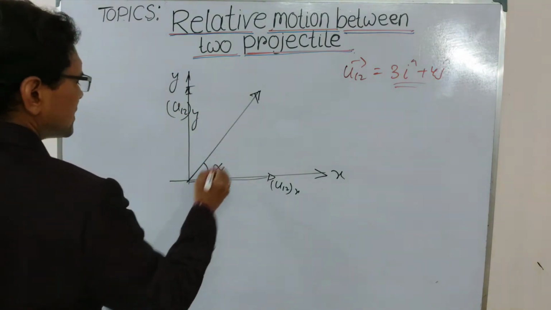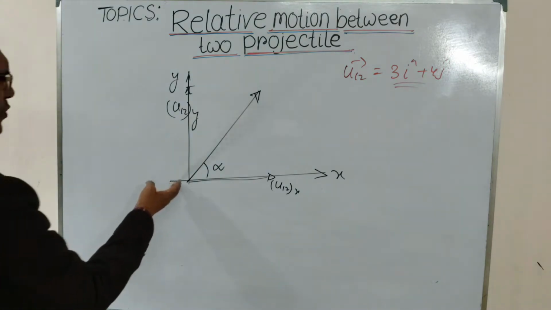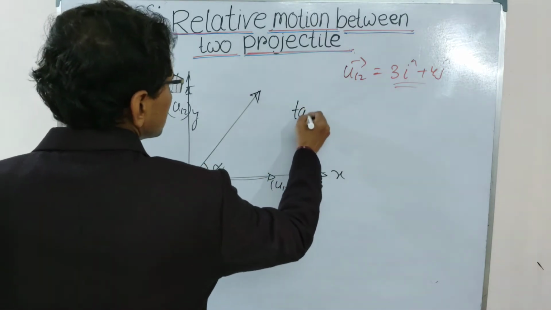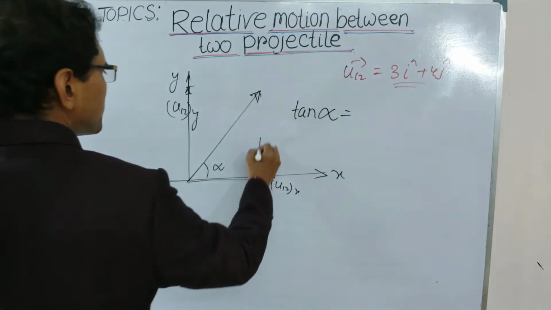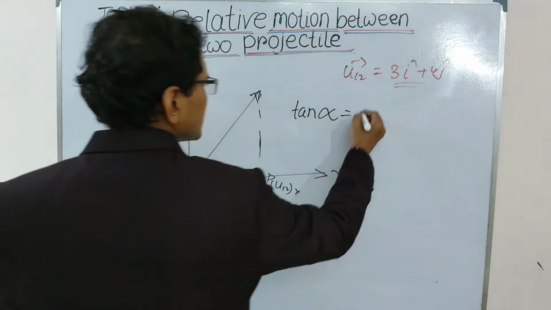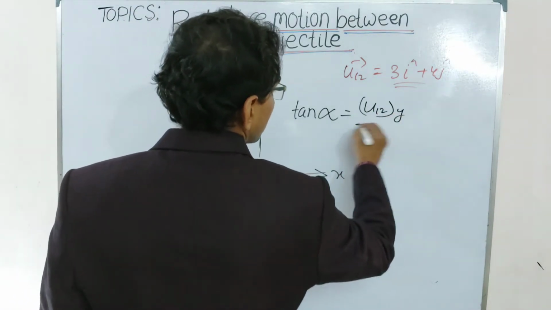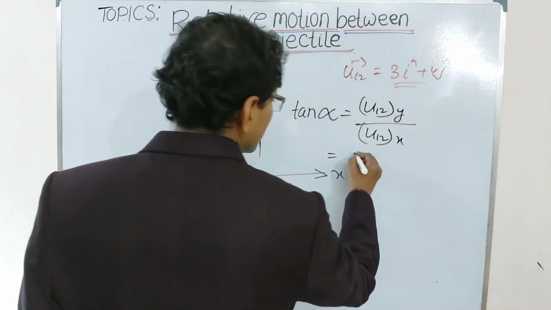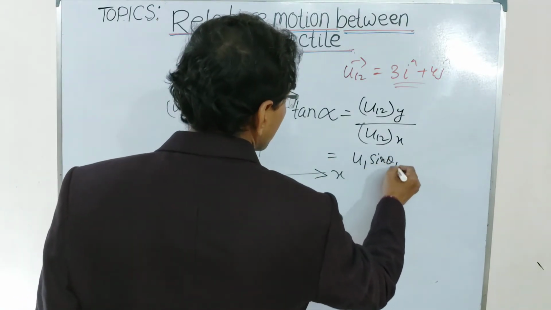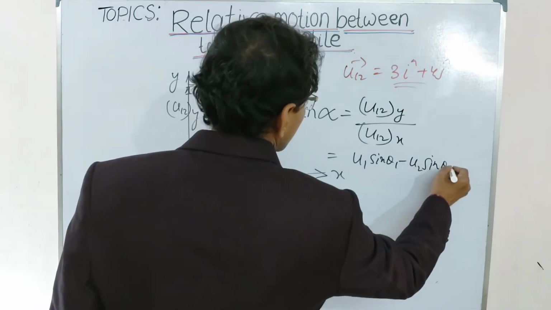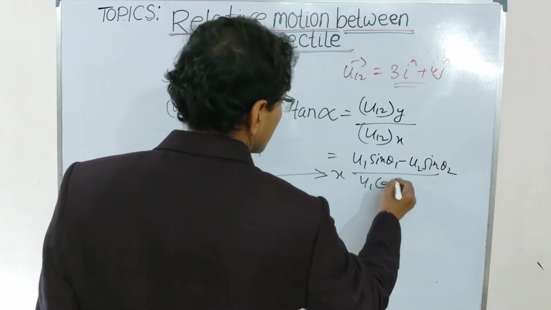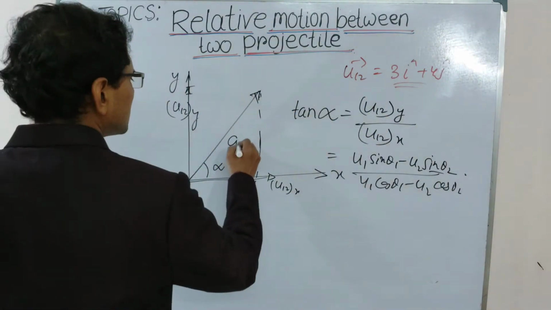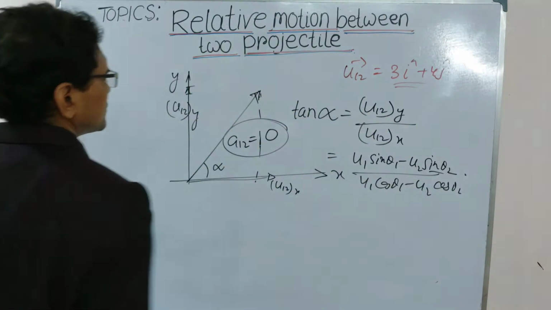If this angle is alpha, then the particle moves along a straight line whose angle with the x-axis is given by tan alpha equal to perpendicular by base, that is u1 sin θ1 minus u2 sin θ2 by u1 cos θ1 minus u2 cos θ2.